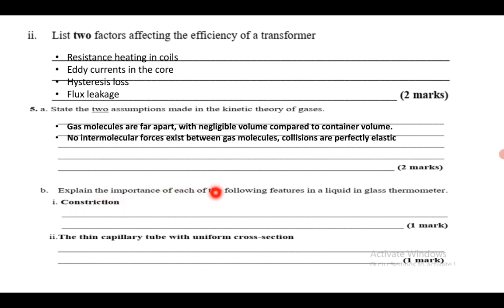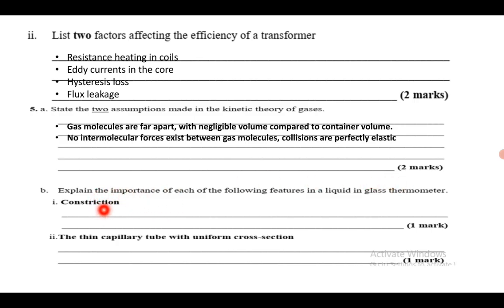Explain the importance of each of the following features in a liquid in a glass thermometer. The constriction. I think the question is with reference to the clinical thermometer, because it is the clinical thermometer that has a constriction.